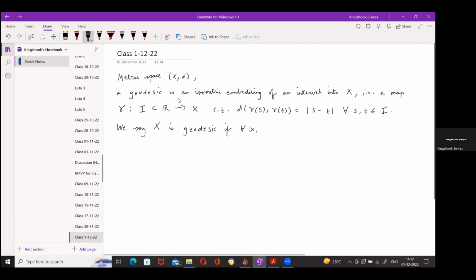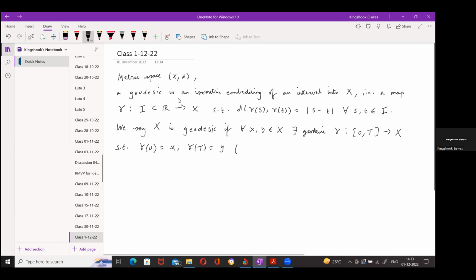So for all x, y in X, there exists a geodesic gamma from an interval of length t into X such that gamma 0 is x and gamma t is y.